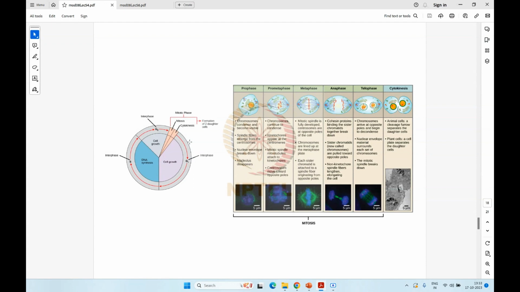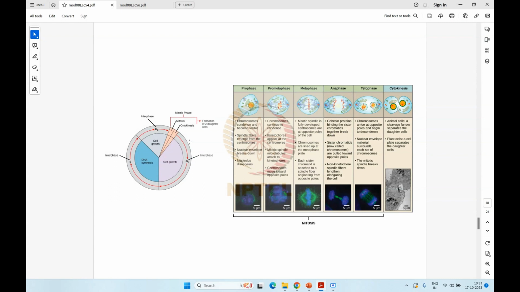So these telomeric regions are basically repeats which do not code for anything, but with every cycle of division, these shorten.